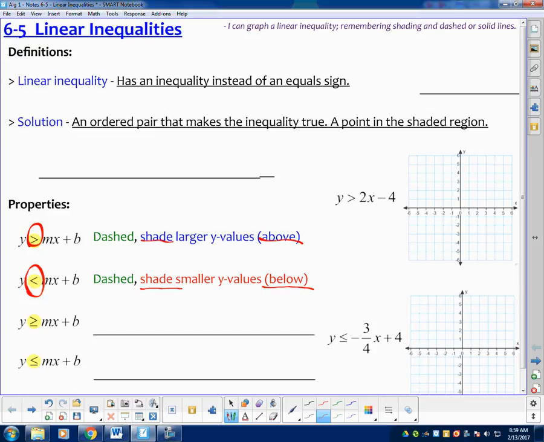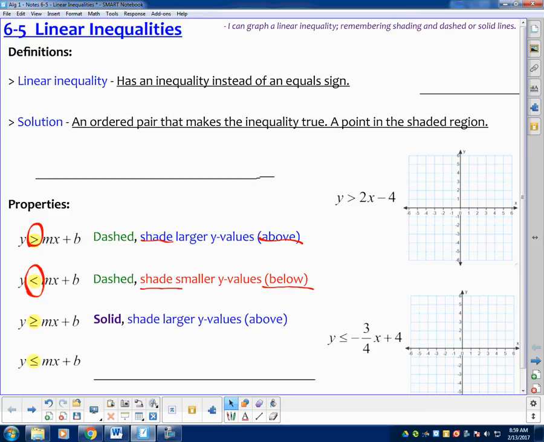You need to have these. These are important. This is the next skill test. When you have an equal sign, the same rules apply for shading, but you have a solid line because of the equal sign. The equal sign means that we're including all of those points along the line and then everything above it.